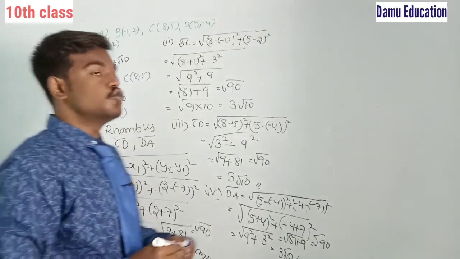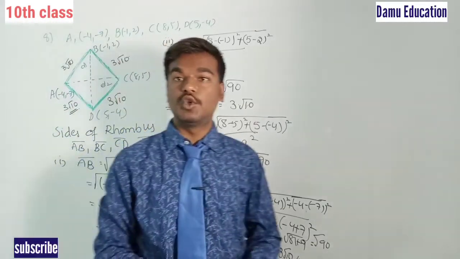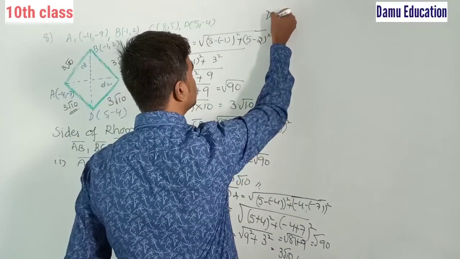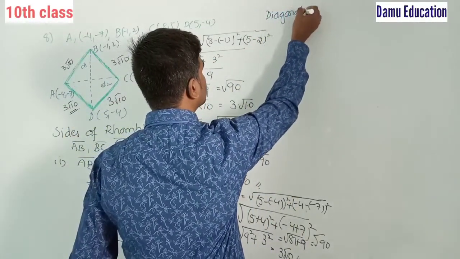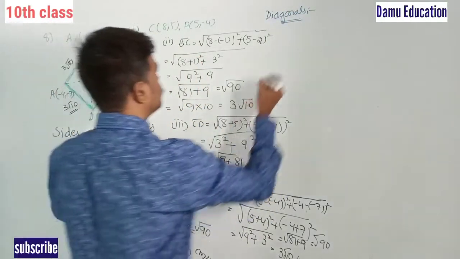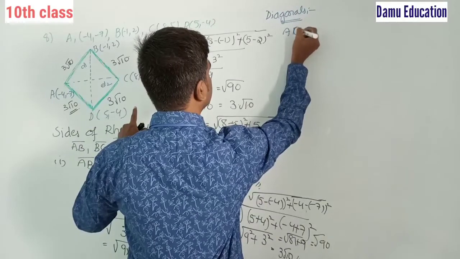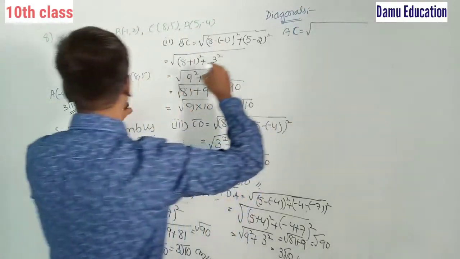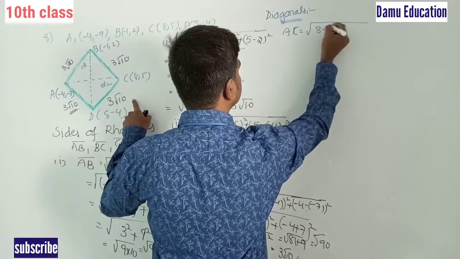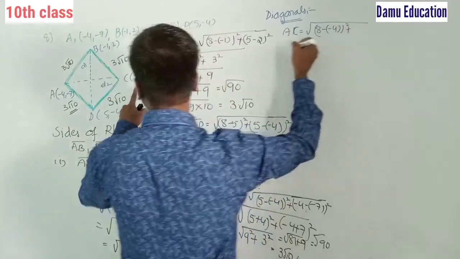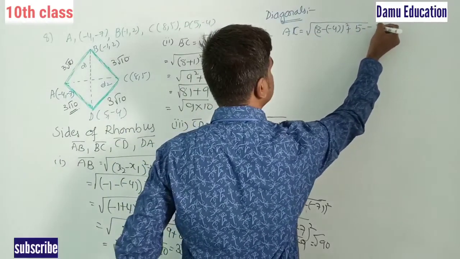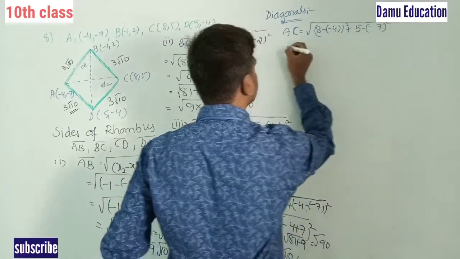So all the sides are equal to each other. Now find the diagonals. The diagonal AC will be equal to square root of 8 minus of minus 4 whole square plus 5 minus of minus 7 whole square.